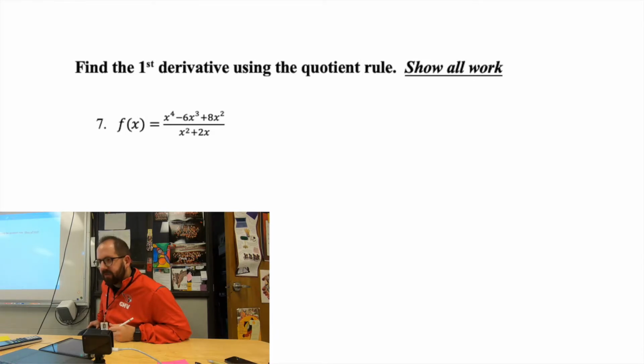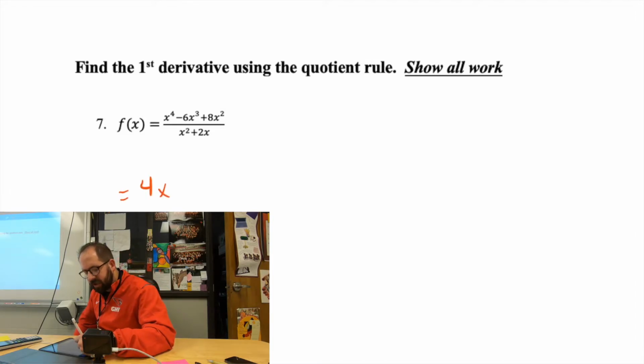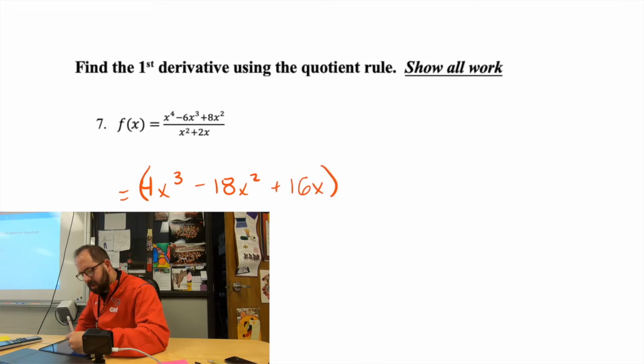All right, for the quotient rule, you have to take the derivative of the top. So, derivative of the top, which is 4x minus 18x squared plus 16x. Okay, so we have that. That's the derivative of the top. We take that times the bottom.